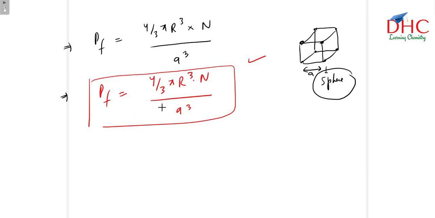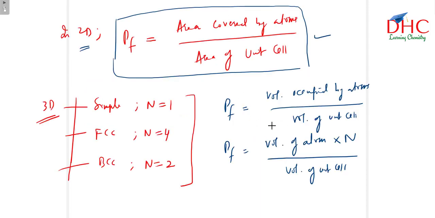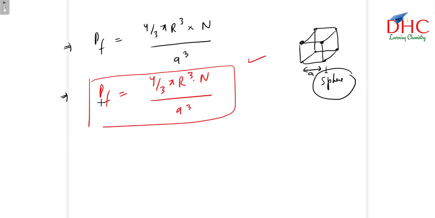Now you can apply it to the primitive lattice, to the face-centered cube, to the BCC also. So since we got the expression, packing fraction in 3 dimensions is equal to 4 by 3 pi r cube n divided by a cube. R is the radius of sphere, n is the number of particles, a is the edge length. So you can put the value here.